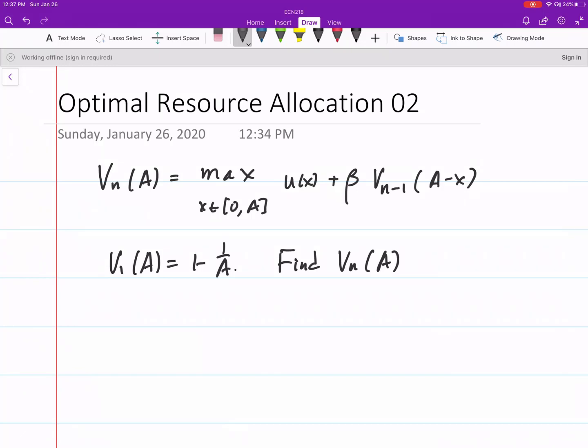Now let's look at the second part of solving this optimal resource allocation problem. Let's first recall what we've done in part 1.